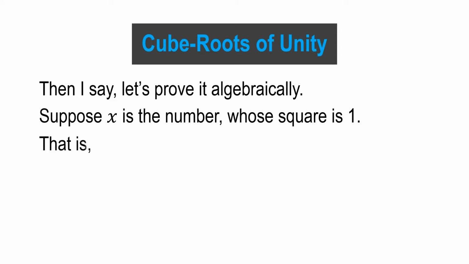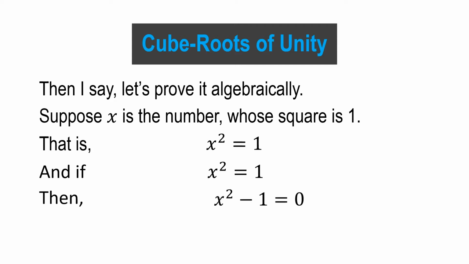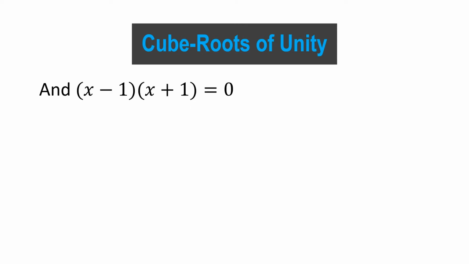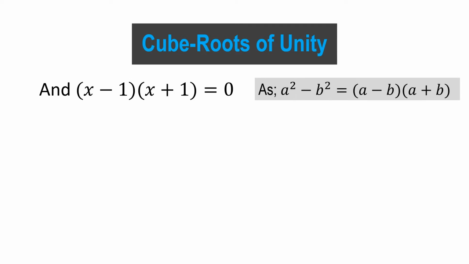Suppose x is the number whose square is 1. That is, x squared is 1. And if x squared is 1, then x squared minus 1 is equal to 0. We can write it as x squared minus 1 squared is equal to 0, and product of x minus 1 and x plus 1 is equal to 0, as a squared minus b squared is equal to product of two factors a minus b and a plus b.